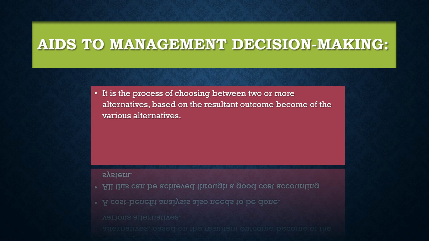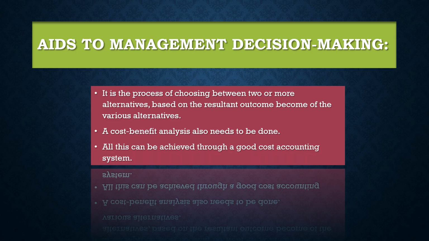Based on the outcomes, the management is going to choose among alternatives which will help further progress in the business. Here a cost benefit analysis also needs to be done. All this can be achieved through a good cost accounting system.